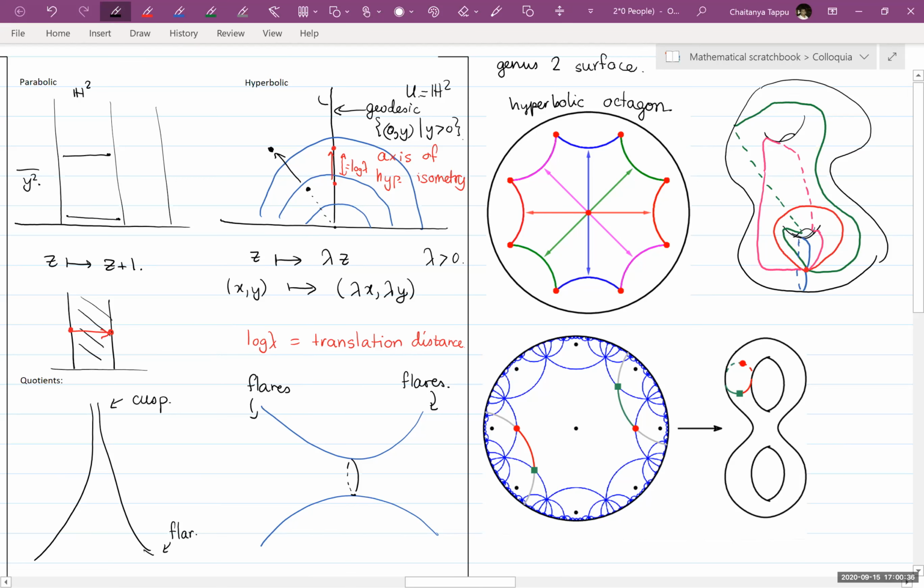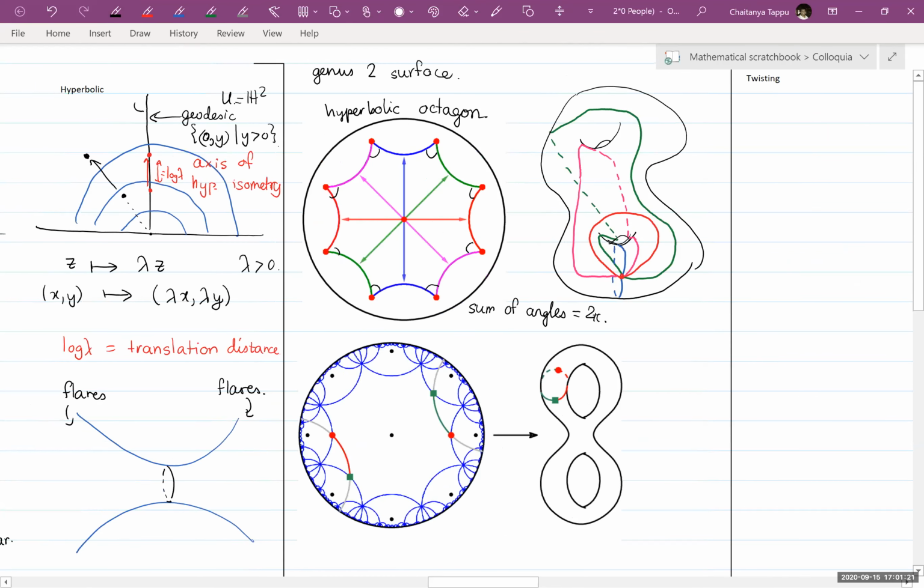Because you glued them using isometries, you get a hyperbolic surface. You also have to check a technical condition, like the sum of the angles of the octagon is 2 pi. This sum of angles being equal to 2 pi is possible only in hyperbolic geometry, not in Euclidean geometry. That's why on higher genus compact surfaces, you cannot put Euclidean metrics, but you can put hyperbolic metrics.